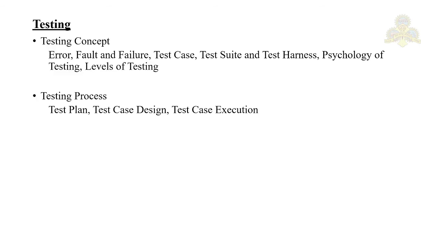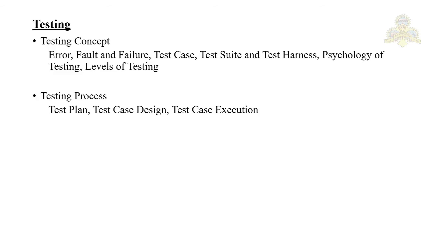The other one is the dynamic approach. What happens in dynamic analysis is the code is executed and the execution is used for determining the defects. Testing is the most common dynamic technique which is employed. Testing is the most commonly used technique for detecting defects and it plays a very critical role in ensuring quality.